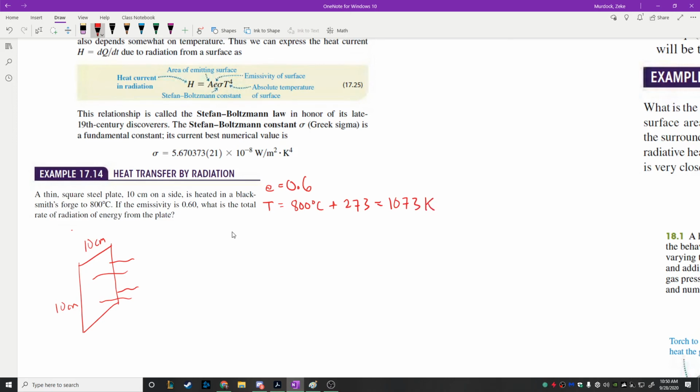And we literally just plug the numbers into this equation. The rate of heat transfer from this object is going to be 0.6 times the area of the plate. The area is 0.1 meters times 0.1 meters, so we can just square it. And then sigma, which is this big long number here.